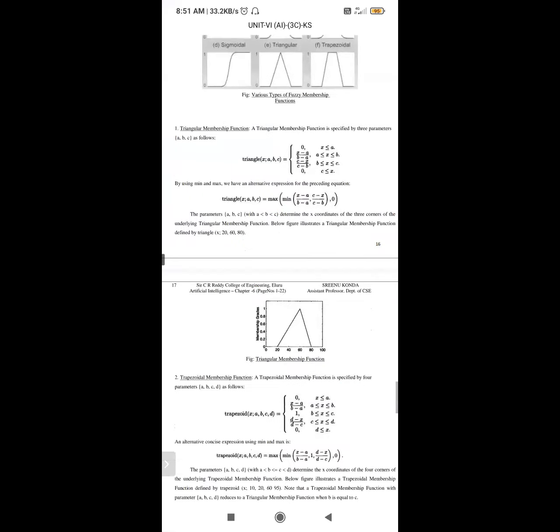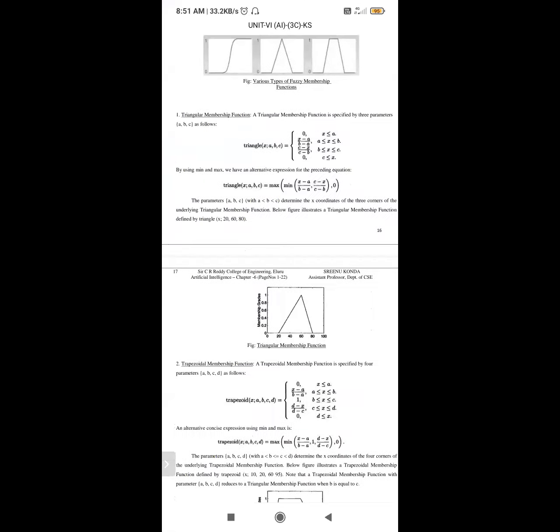Okay. So the parameters a, b, c with a less than b less than c determine the x coordinates of the three corners of the underlying triangular membership function. So this is how to draw the triangular membership function. It is defined by the triangle x, 20, 60, and 80. So a is 20, b is 60, and c is 80.